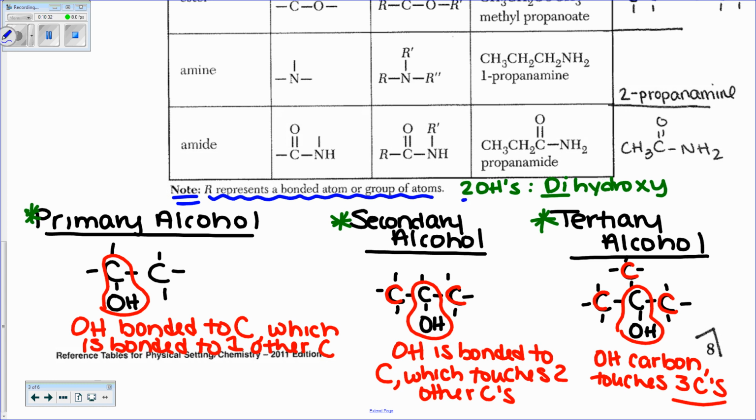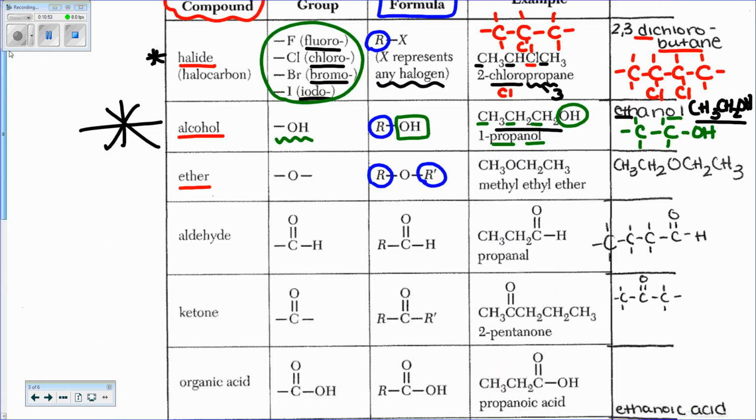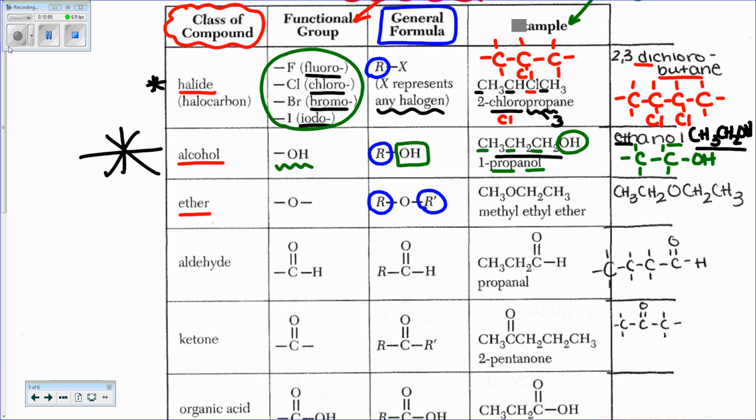If there's 3 OHs, which is a little more rare, they would call it a trihydroxy. So just so you know the word, if you hear hydroxy, they're talking about alcohols, but it's different if you have more than one. Again, you want to know primary, secondary, and tertiary, and that alcohols end in -ol.